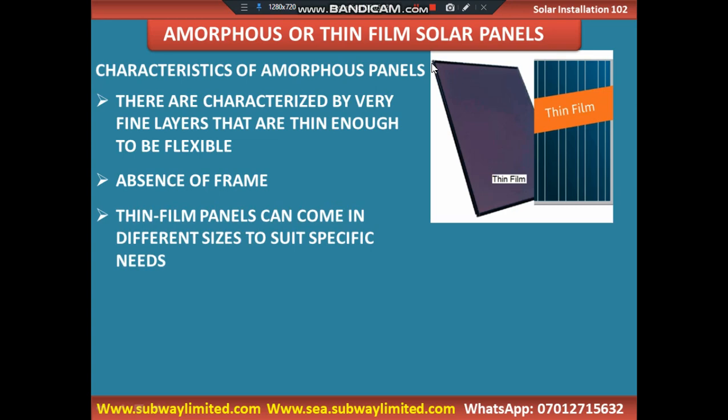Thin film panels can come in different sizes. That is, unlike the monocrystalline and the polycrystalline solar panels, in which their cells come with standardized sizes of, say, 60 cells, 72 cells, 96 cells, the thin film solar panels can come in different shapes and sizes to suit the application in which they are designed to be used.